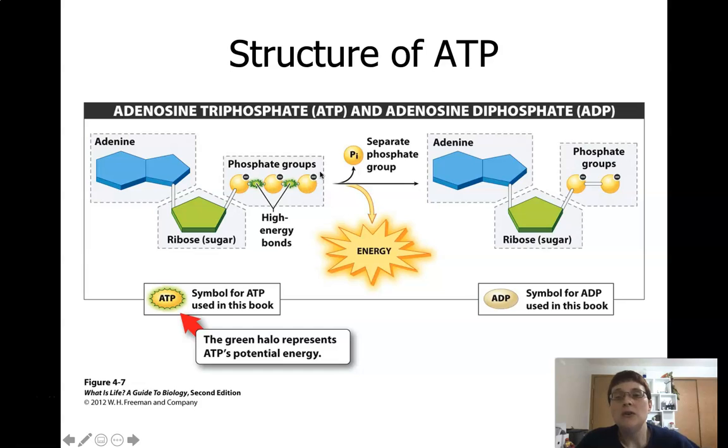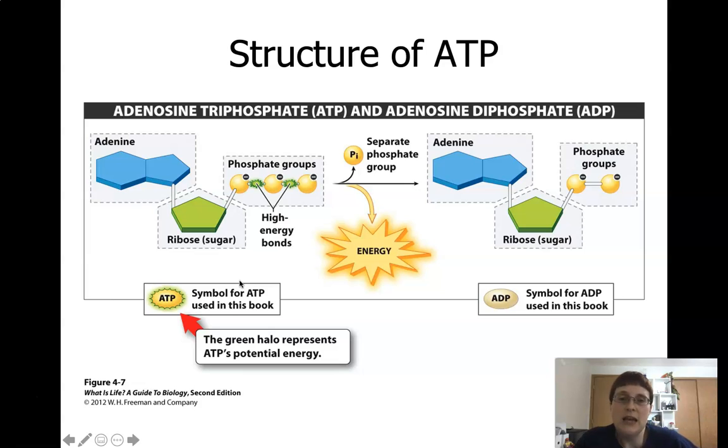Right? So you can store energy. You can see there's little high energy bonds when you add extra phosphates. So in your DNA, there aren't 3 phosphates, just 1. But if you add extra phosphates, it allows extra energy to be stored. And so whenever you see ATP, you'll see it looks all charged up, right?